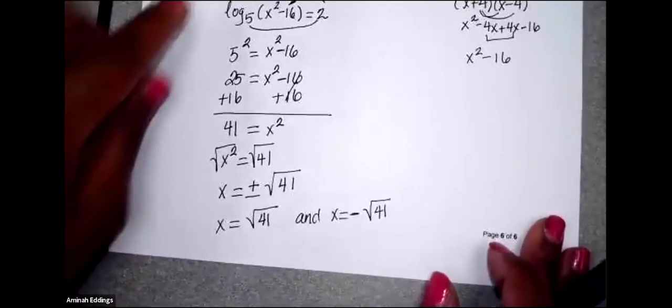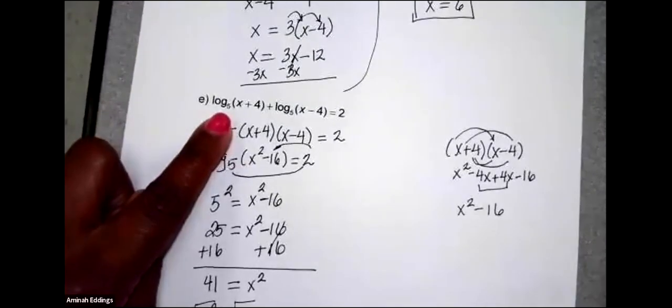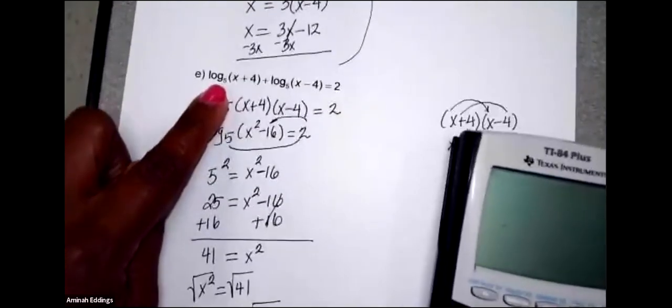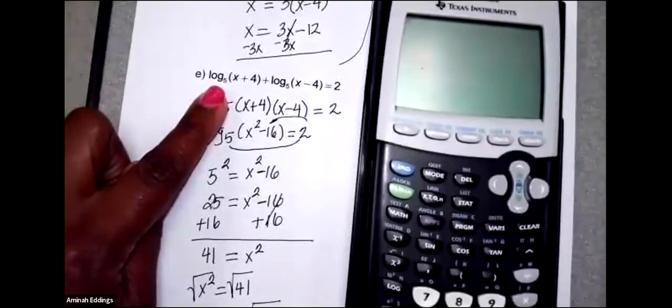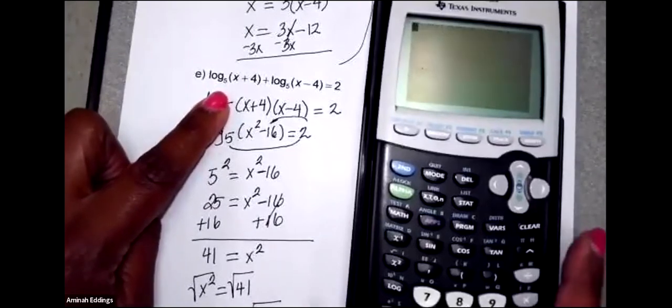Can we go ahead and cancel that negative one now, since you said you can't do the negative because it makes it undefined or something like that? Yes, you can, but just make sure that it's going to work. So what is negative square root 41?